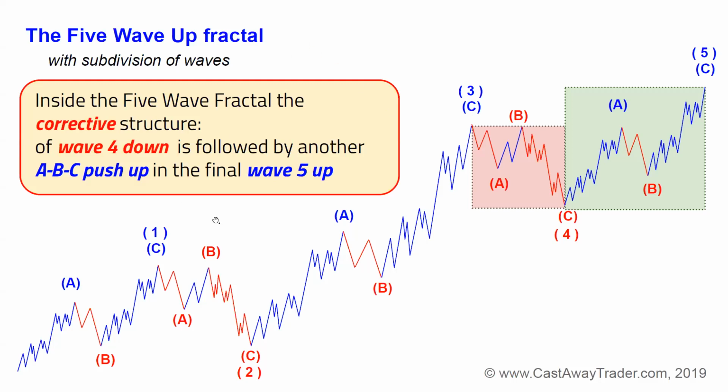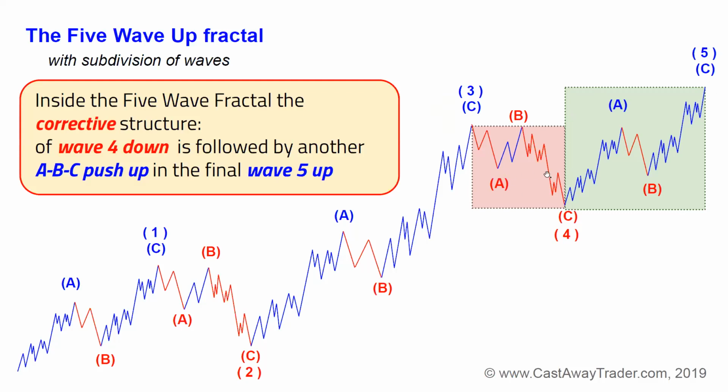Because when we look at 5 waves up, yes, it looks distinctive and it's easy to recognize, but if I close that part of the screen, it would be much more difficult to recognize that 5-wave up fractal that has not completed yet. And this is a very distinctive part of that fractal.